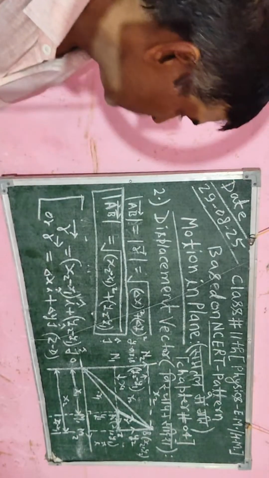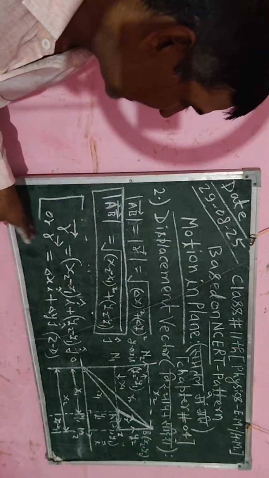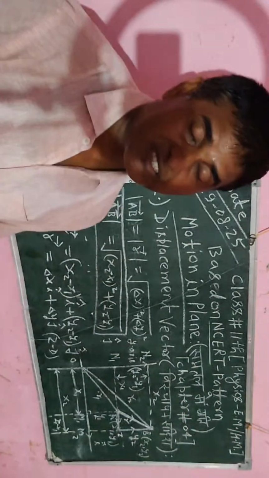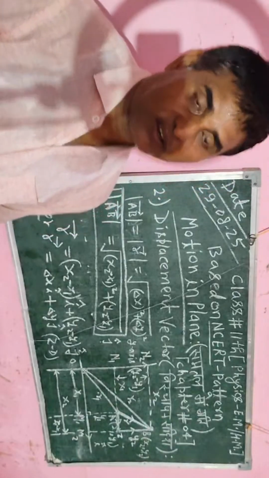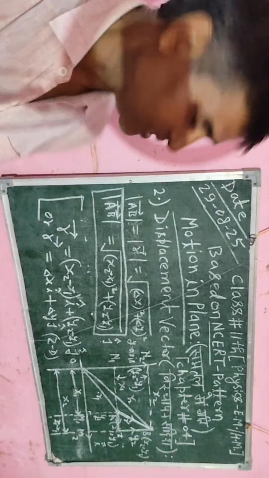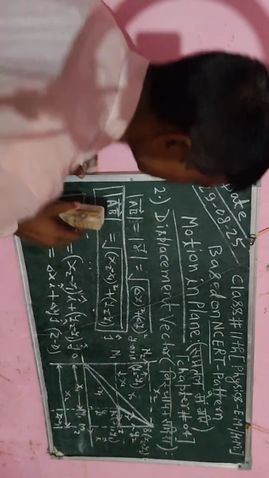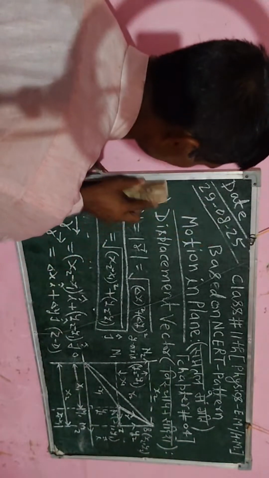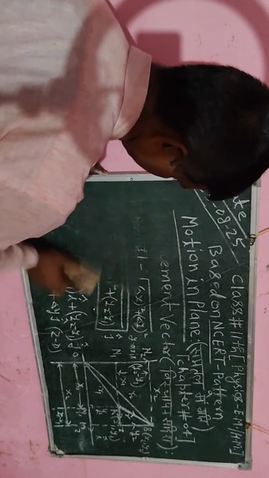Okay student, now I will erase this, and after erasing I will explain the next concept, that is the velocity vector. In other words, it is also known as the wave surface.